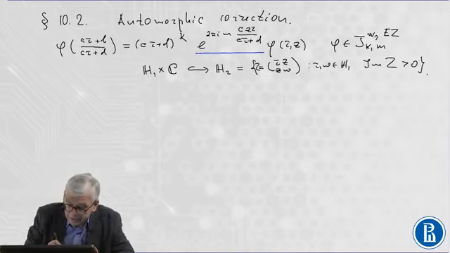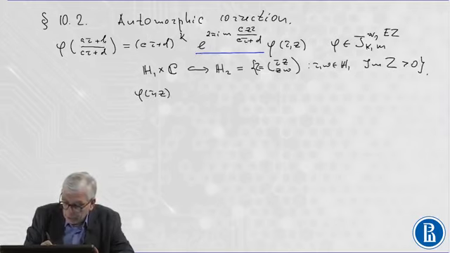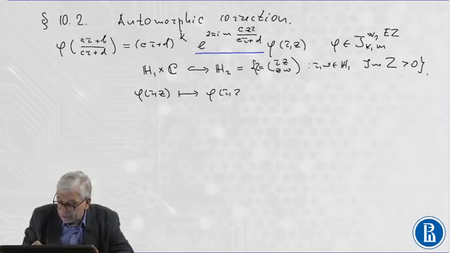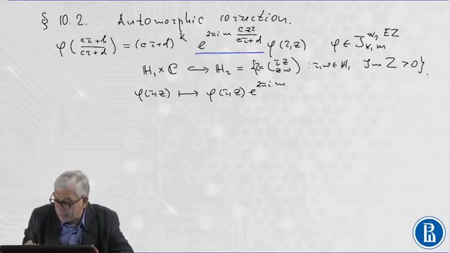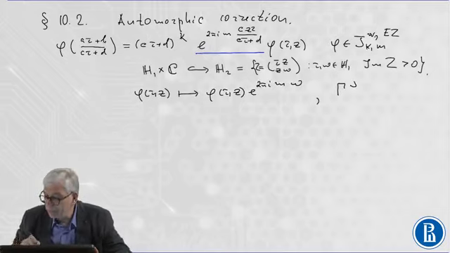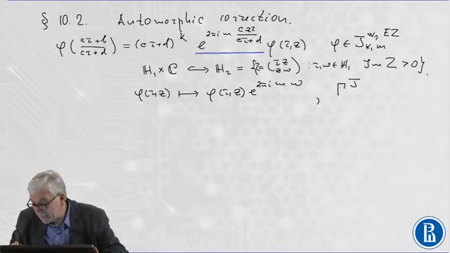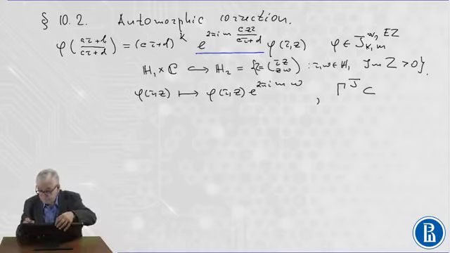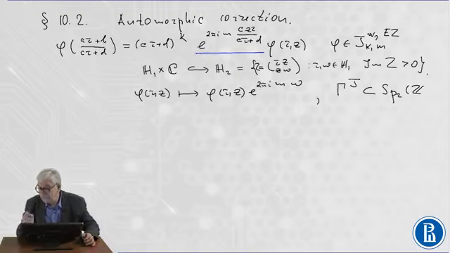So, instead of our function, we consider the function phi in three variables, 2 pi i m omega. Then the modular group, the Jacobi modular group, is a parabolic subgroup of Sp 2Z, the Siegel modular group of genus 2.